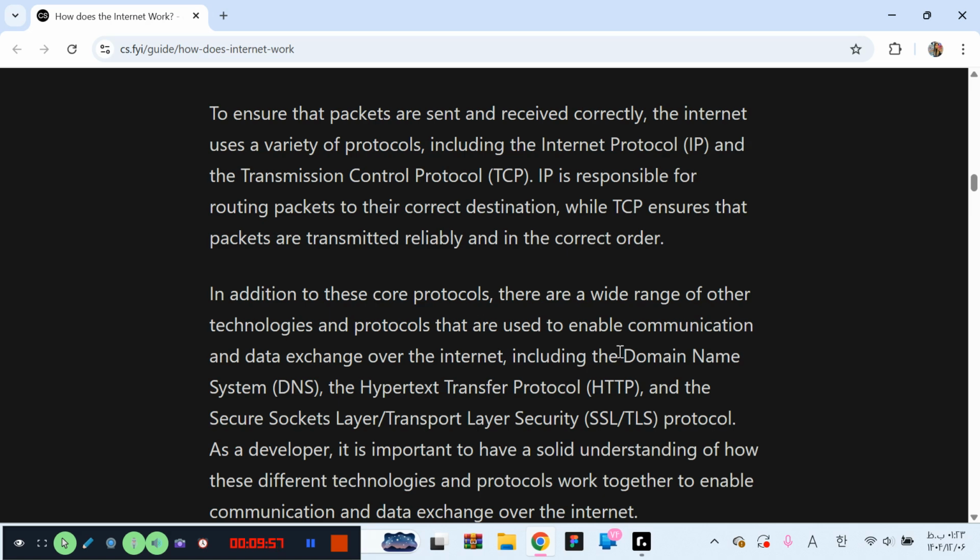In addition to these core protocols, there is a wide range of other technologies and protocols that are used to enable communication and data exchange over the internet. So it's not just TCP/IP, it's many more things, including the domain name system, DNS, the hypertext transfer protocol, HTTP, and the secure sockets layer or transport layer security, SSL or TLS protocol.